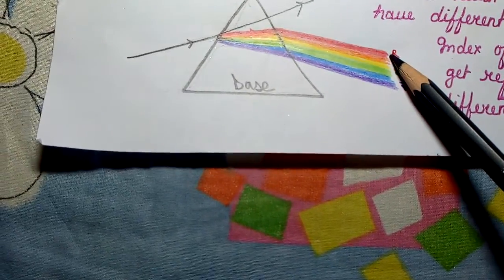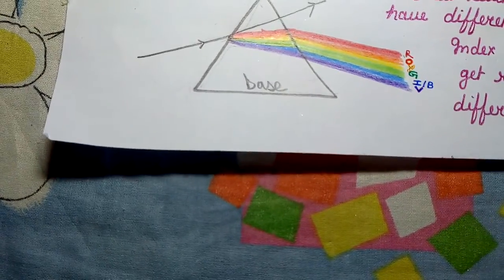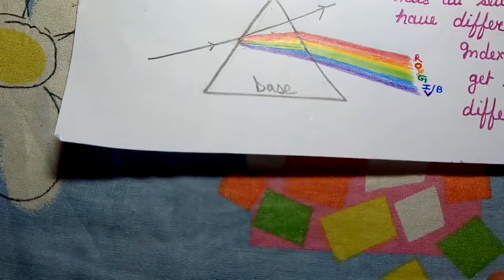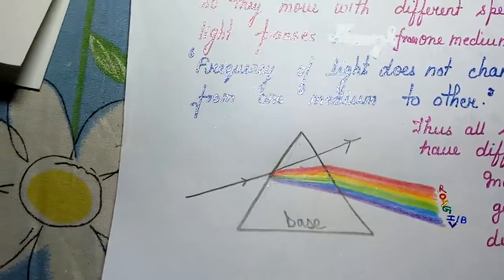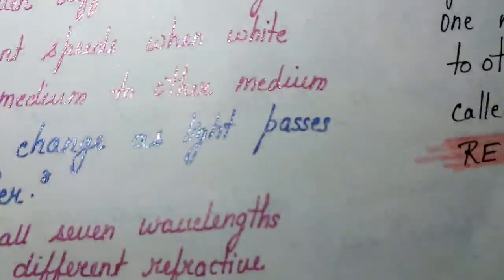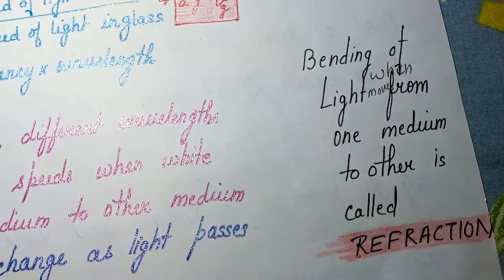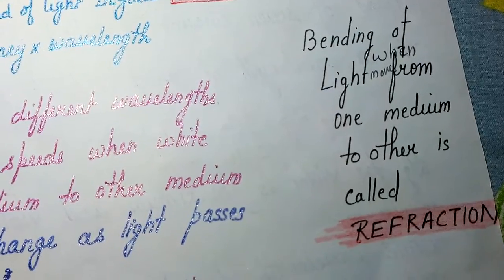So are you getting what is dispersion? Dispersion is a phenomena which occurs due to refraction. And what is refraction? Refraction is bending of light when light moves from one medium to other.